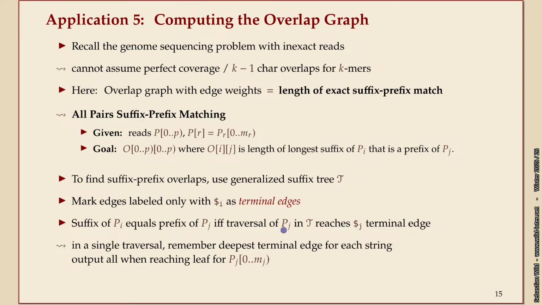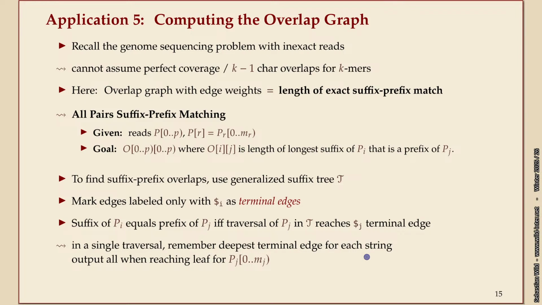If that traversal of pj in T reaches such a terminal edge, we want to find the deepest of these. So to do it cleverly, you do a single traversal with each of the reads, and for all the other strings, you keep track of what was the deepest you've seen so far.